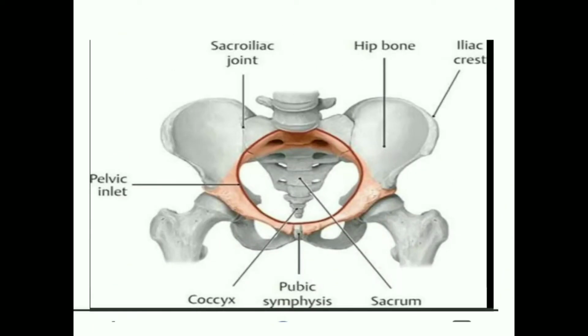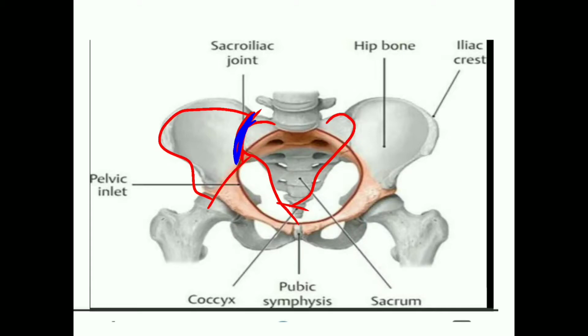You can look here. The sacroiliac joint, as the name says, is a joint between sacrum and ilium. You can see this part is your sacrum and this is your ilium. A joint between sacrum and ilium is referred to as the sacroiliac joint.